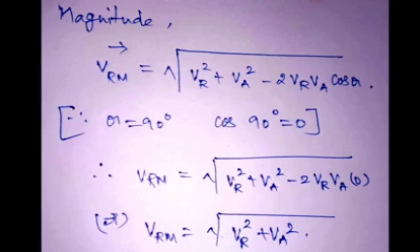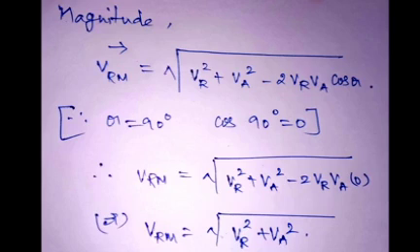Since cos 90 equal to 0, substitute in the formula, we get Vrm equal to square root of Vr square plus Vm square minus 2 Vr Vm into 0. Then anything into 0 is 0. Therefore, we get Vrm equal to square root of Vr square plus Vm square.